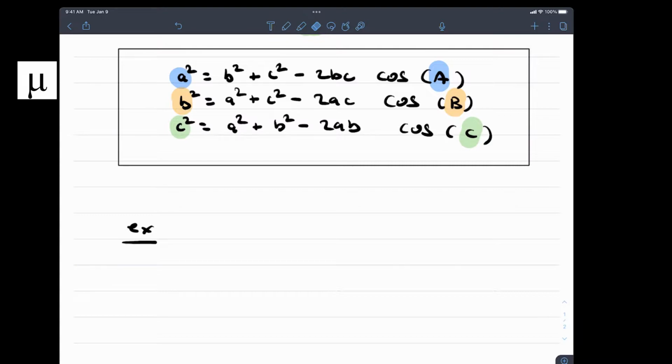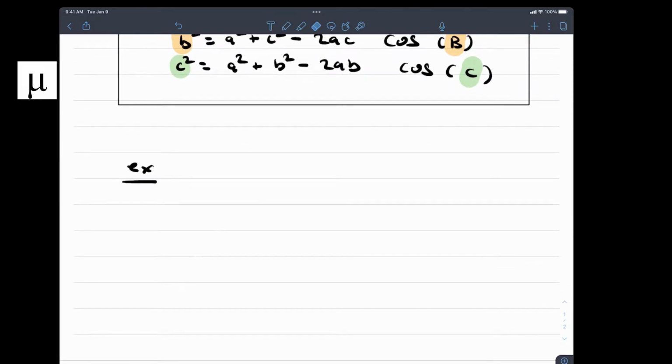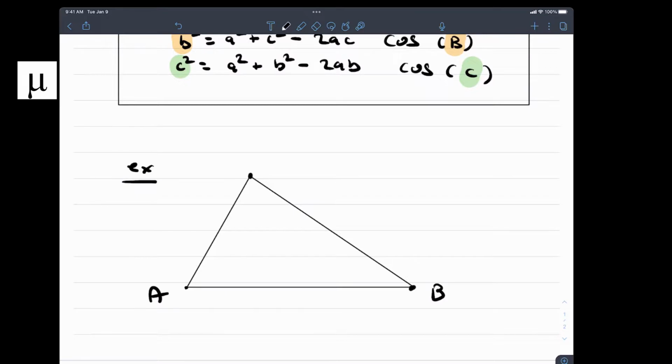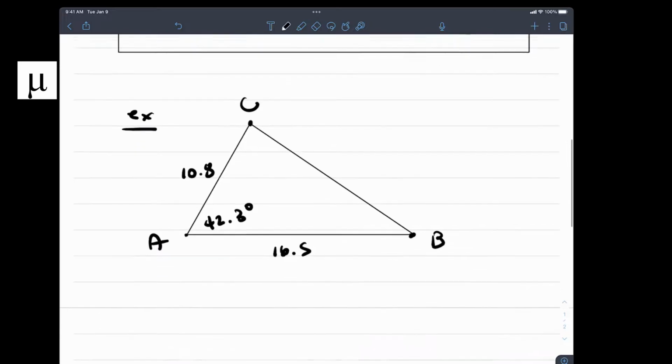How about something like this? 42.3 degrees, 10.8, maybe 16.5. Okay.